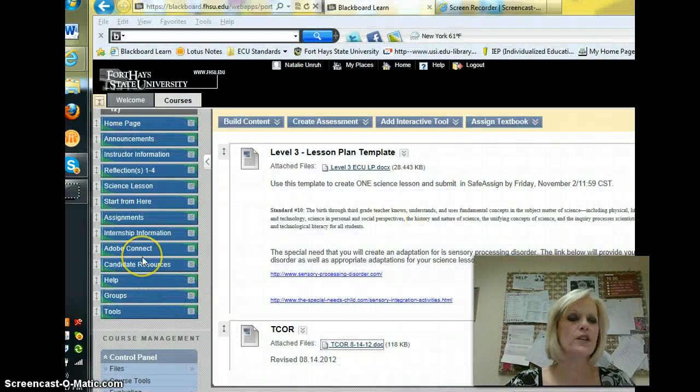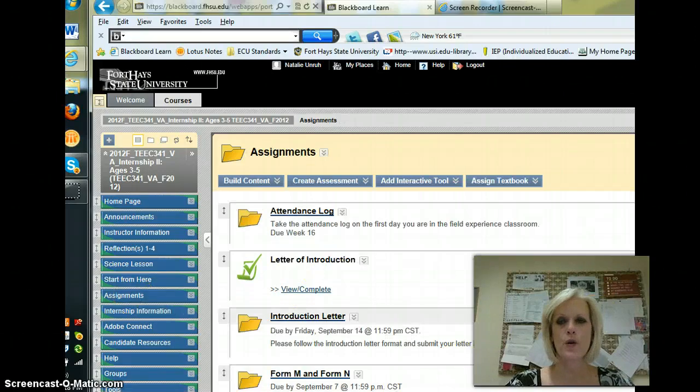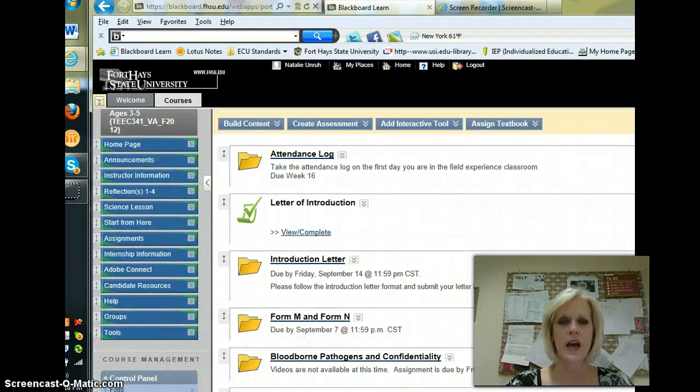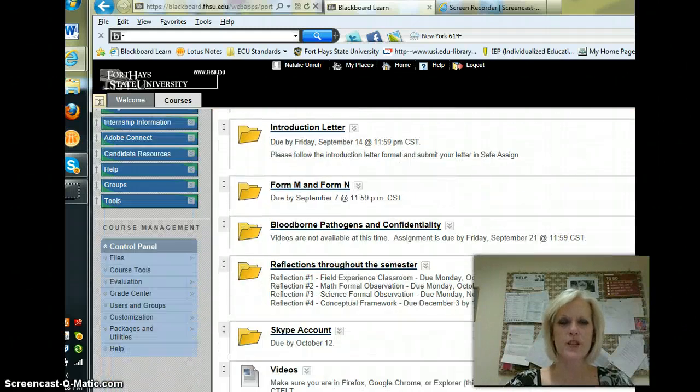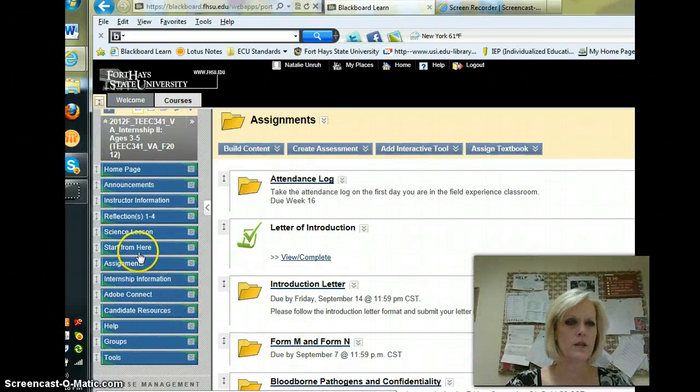I want to remind you in this last few minutes that I have, reflections, this folder, this is where you will submit reflection 2. Reflection 2 is found in assignments. So you go to the assignment tab and you can open up the actual reflection folder. Maybe it's in start from here.